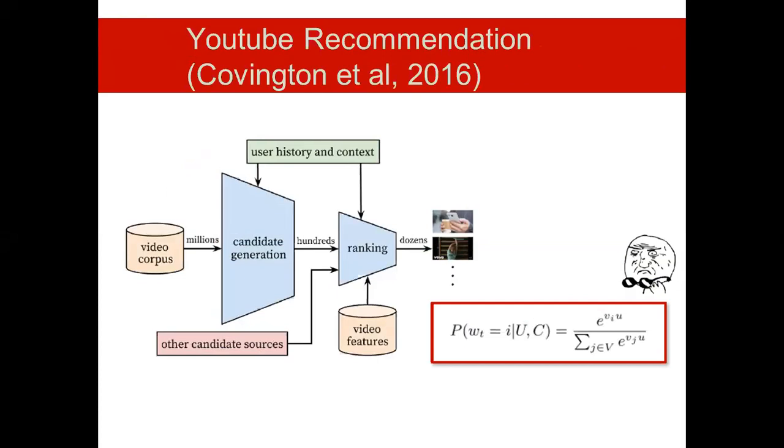So they want to select only a much smaller set of candidates, and then feed them to the next step to do more fine-grained ranking. In the first step, they extract about hundreds of videos as candidates from millions of videos in their set. In the second step, they re-rank those hundreds of videos and then only show dozens of videos to the user.